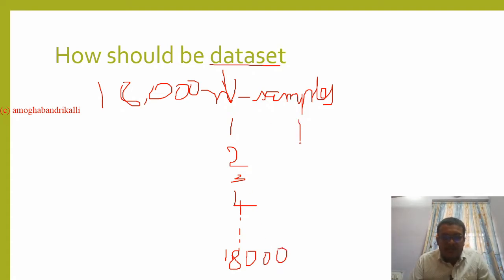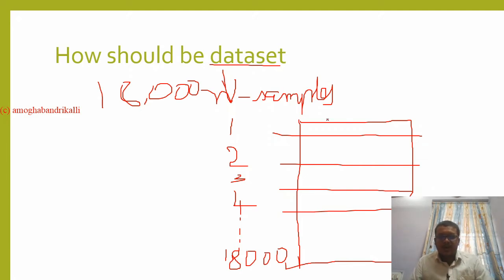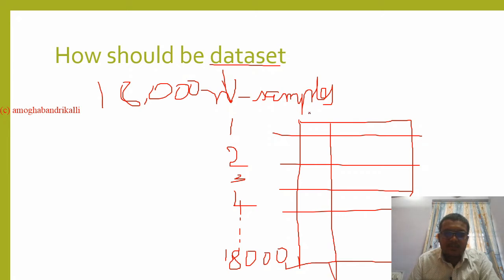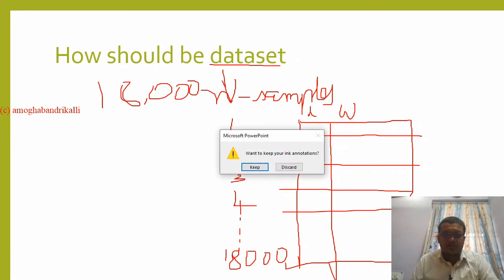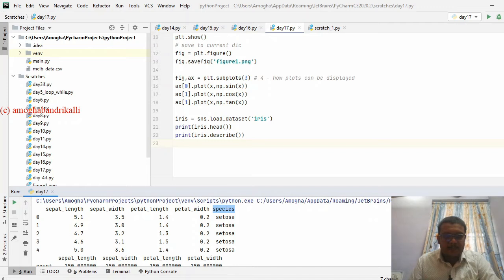After the n samples, you will have features for all the samples. For iris, we have features called sepal length, sepal width, and petal length, petal width. Based on that, species are going to be identified.